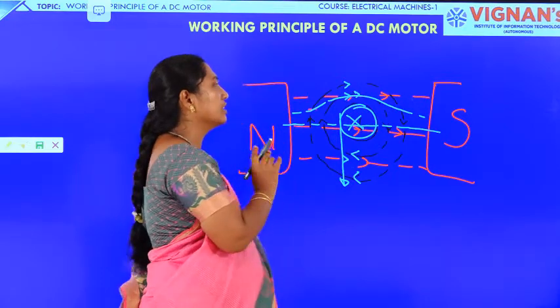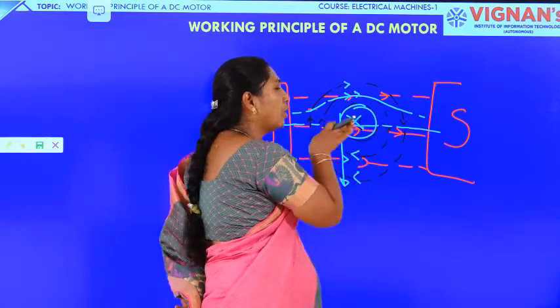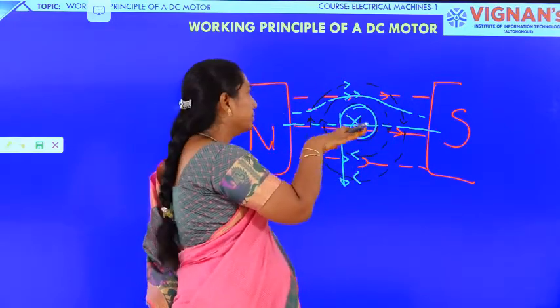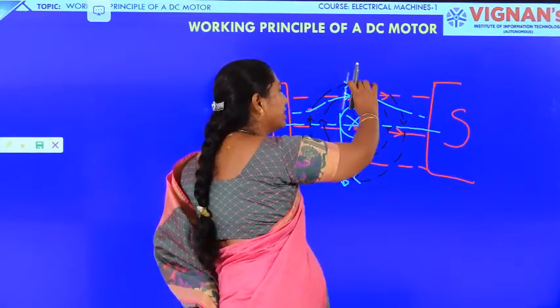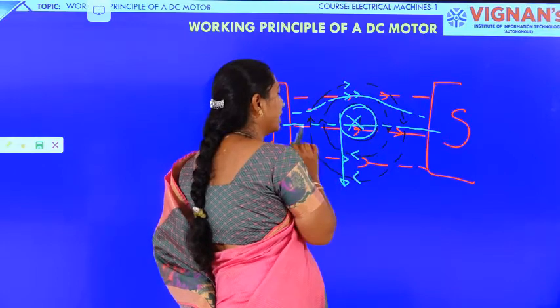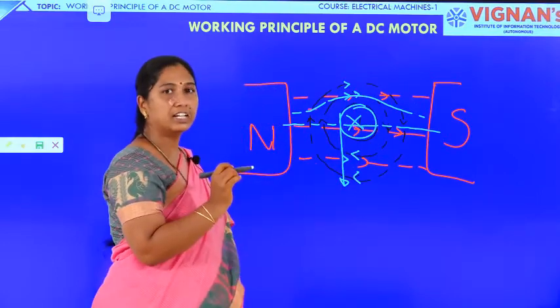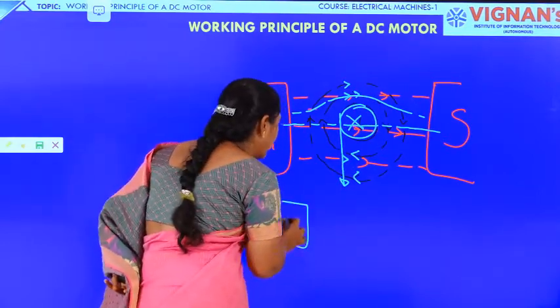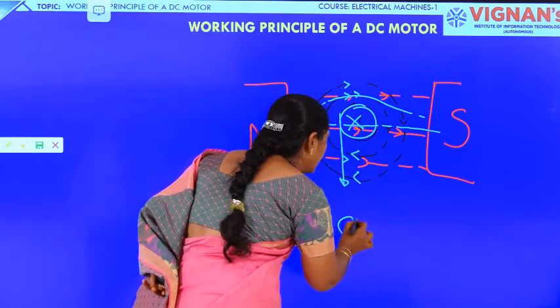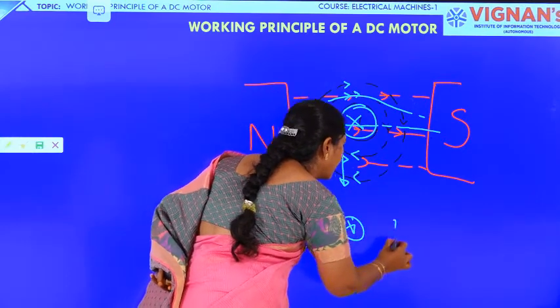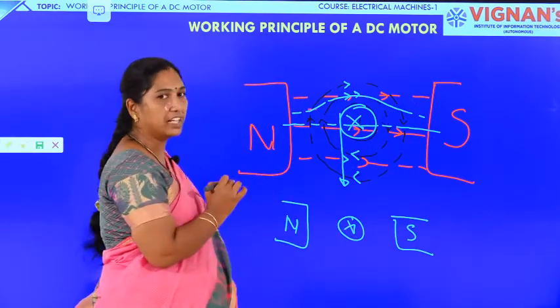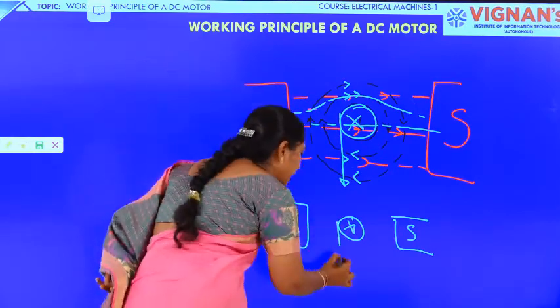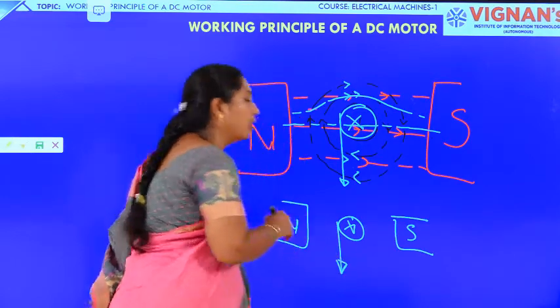This is because the magnetic field lines will always try to travel in a straight line path, whereas the flux is reinforced here and weakened here. So whenever a conductor carrying current into the plane of the board is placed in the magnetic field, the conductor will experience a force in the downward direction.